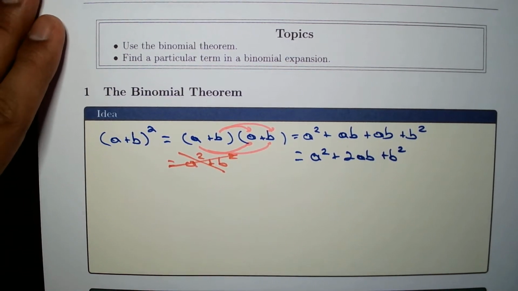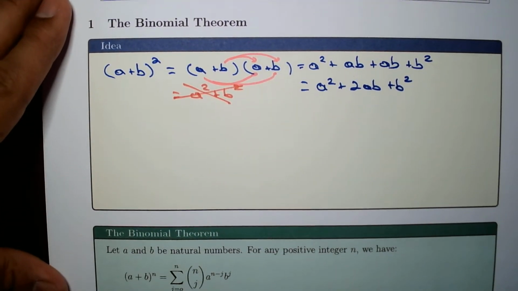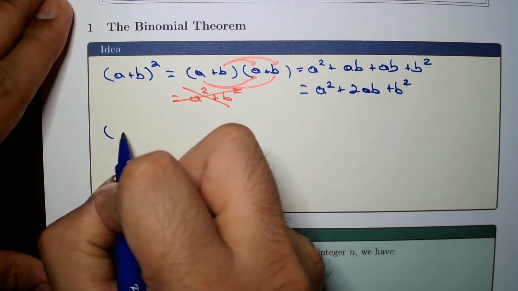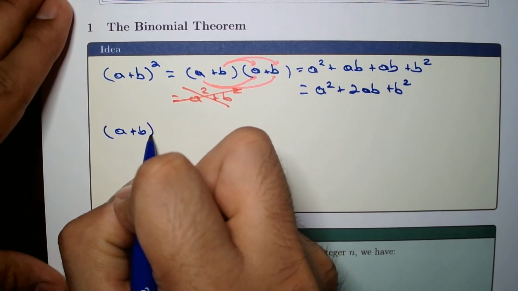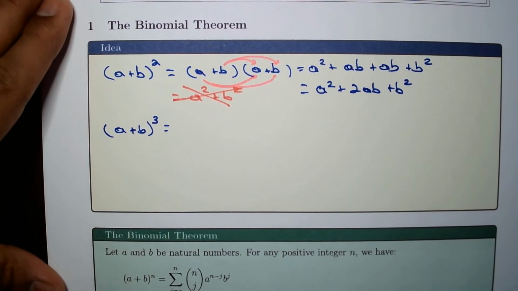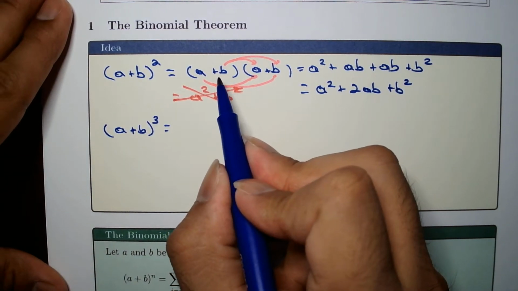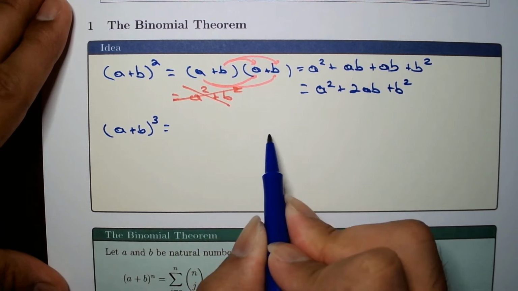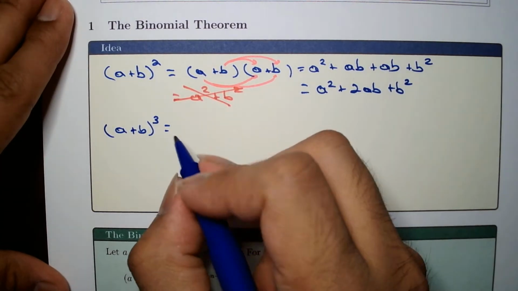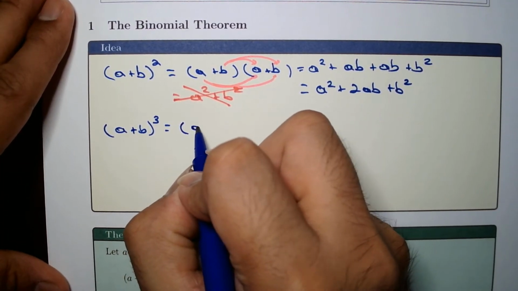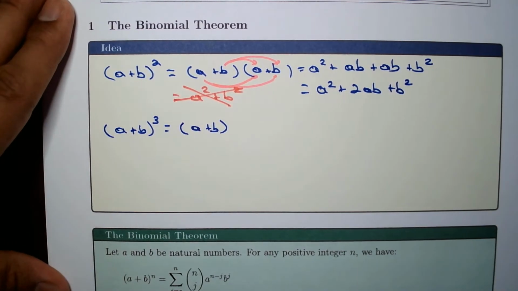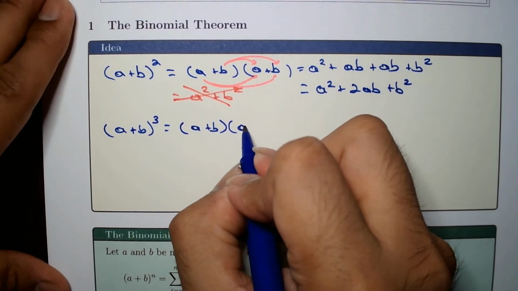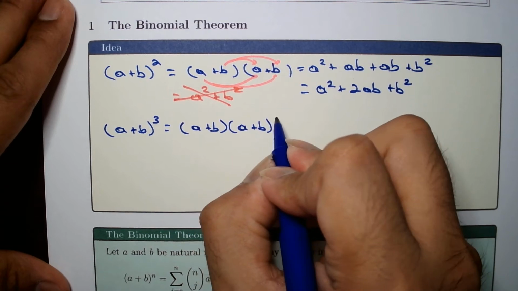Well, what if you wanted to raise a binomial to the third power? One alternative is to write this as a product of these three times, but in this case, you can write this as a plus b times a plus b squared.